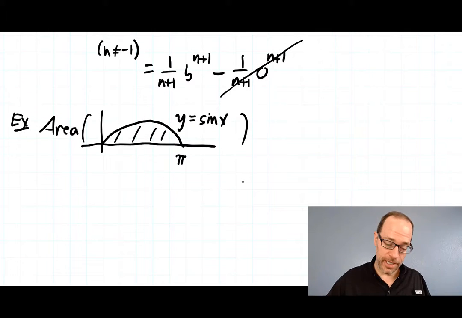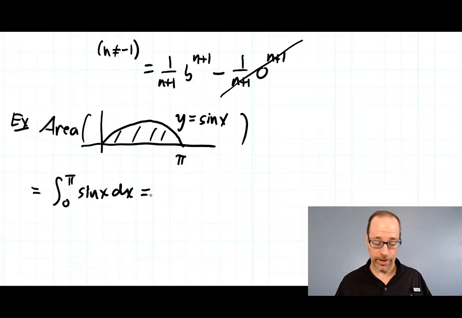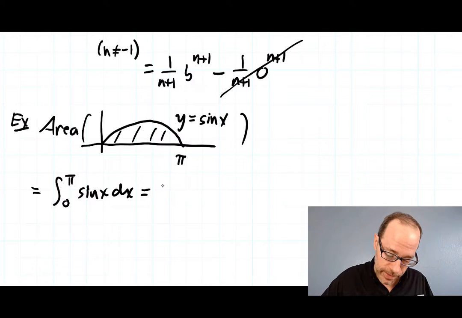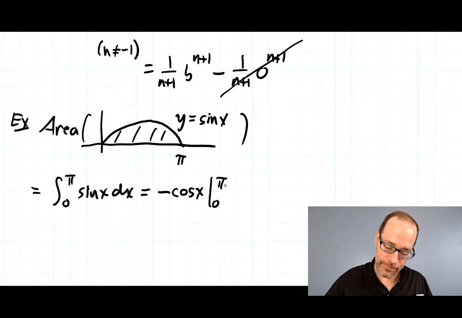Well, this is just an integral, so the area is the integral from 0 to pi of the sine of x dx. All right, by the fundamental theorem, we need to find an antiderivative. So, who has derivative sine? Well, minus cosine does. So that's the antiderivative, and we evaluate from 0 to pi.